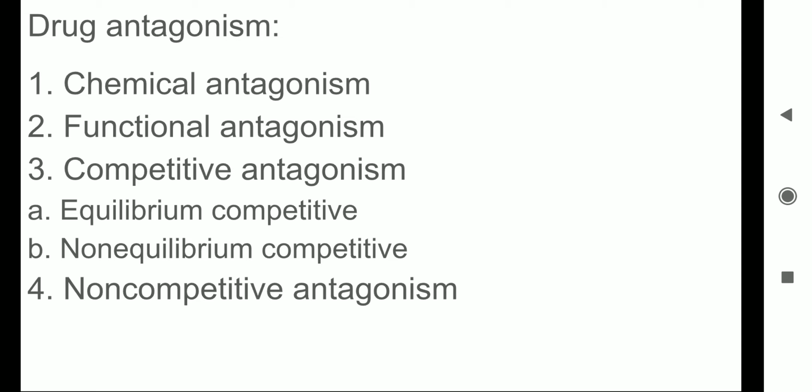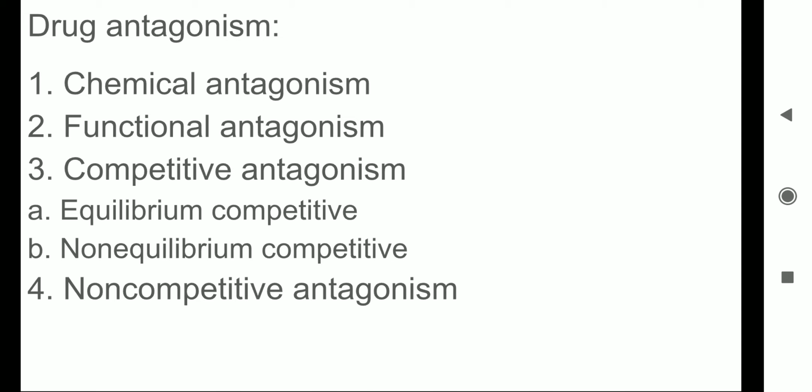There are two types of bonds between the antagonist and the receptor. According to the two types, competitive antagonism is divided into equilibrium competitive and non-equilibrium competitive. Let's see one by one what equilibrium and non-equilibrium competitive are.